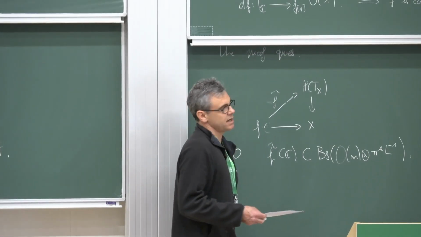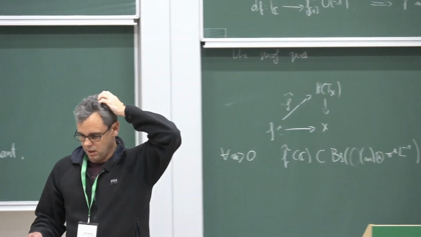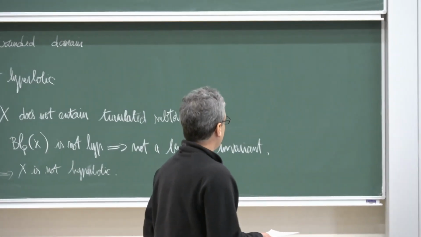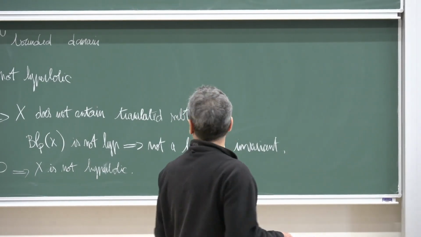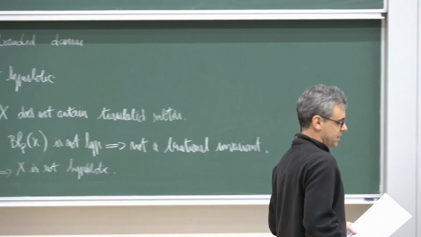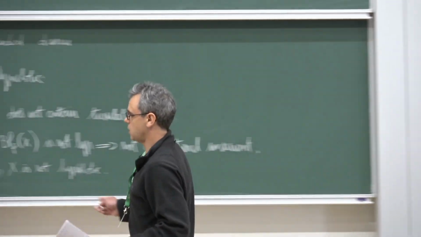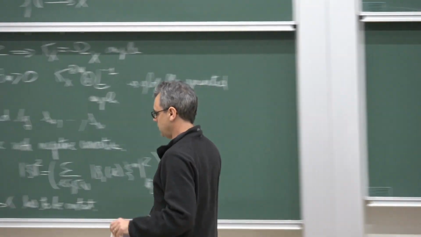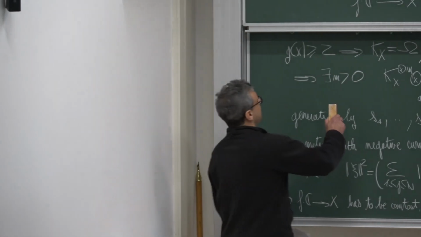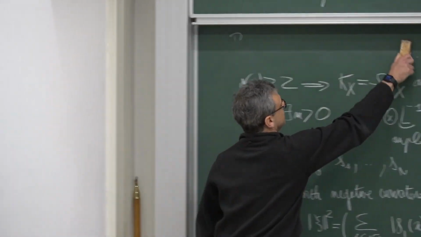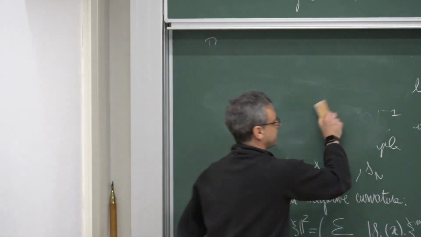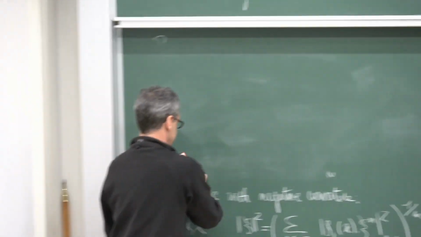Okay, so there is this nice class of hyperbolic varieties. So of course, the remark is that certainly the converse is not true. So hyperbolic does not imply ample cotangent bundle, except in dimension 1.